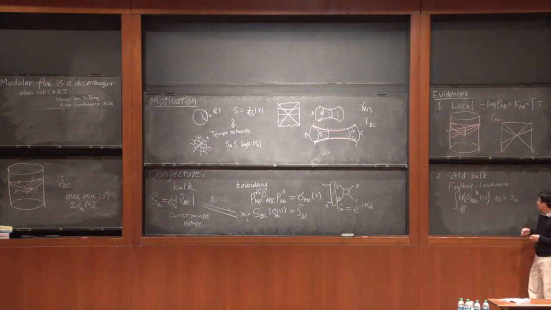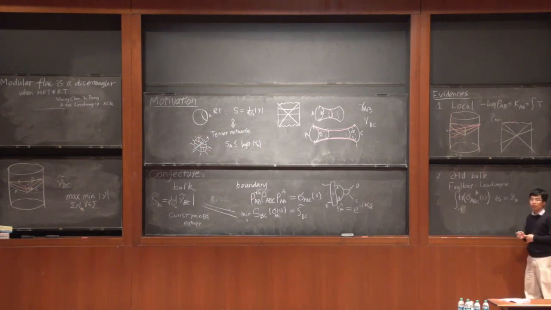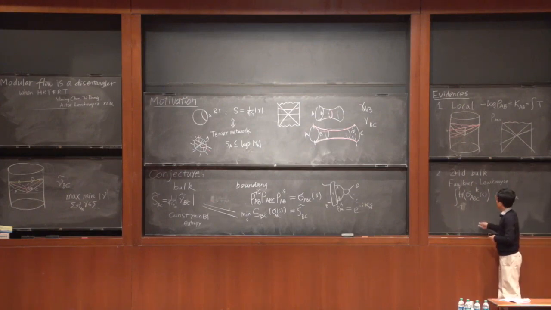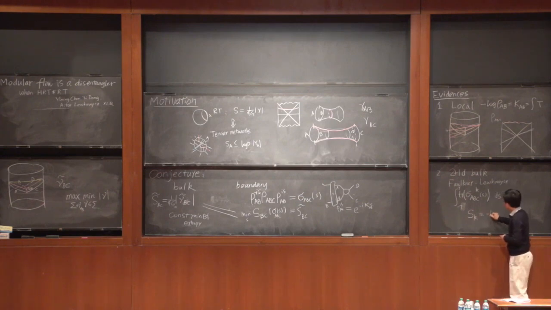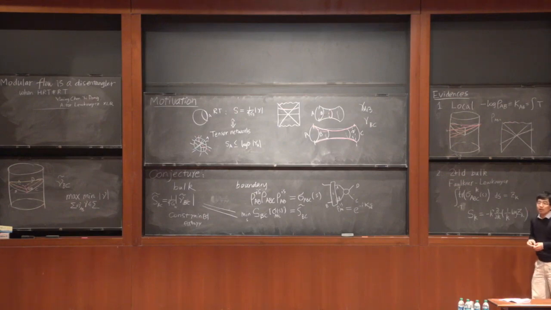So it's a modular average, the exponential of the kth Rényi entropy, and then we want to go back to the von Neumann limit, so we can define the standard thing. Let's define S_k.